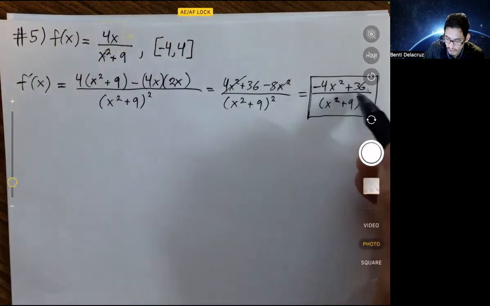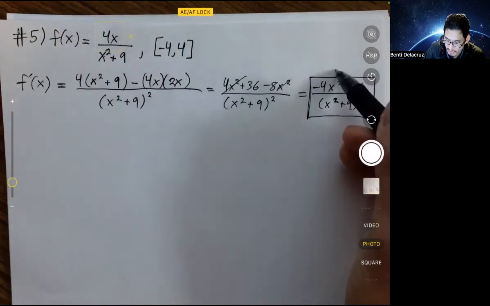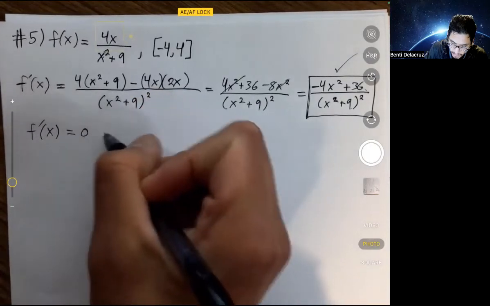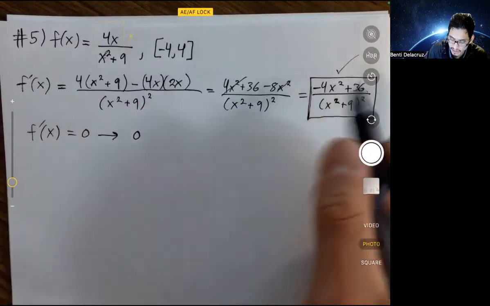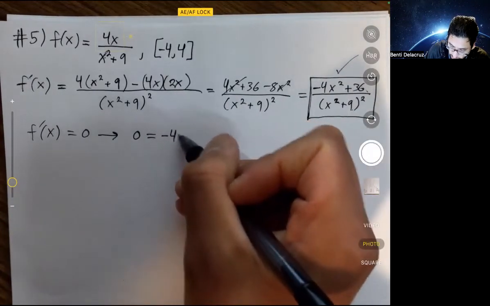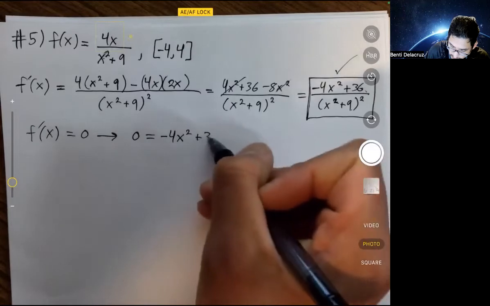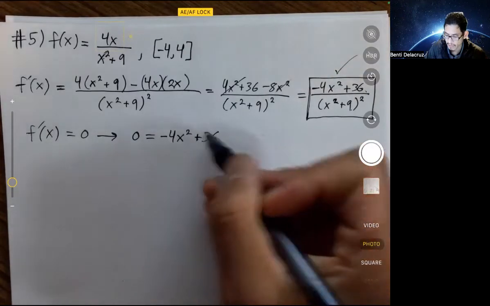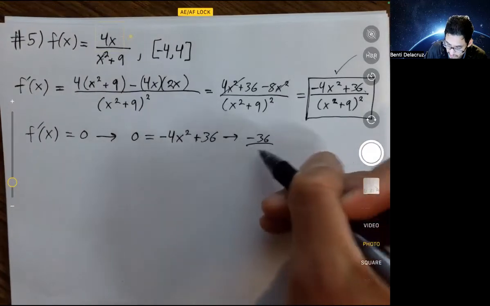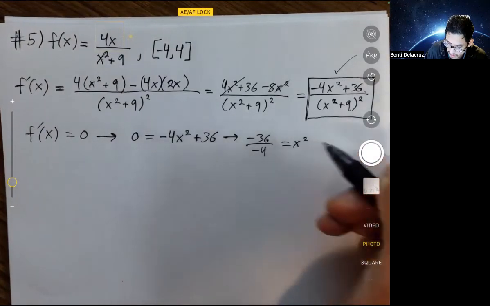So let's find where this is undefined and where it's going to be 0. So f prime of x will be 0. Essentially, we just set the numerator equal to 0. So we solve for the zero of -4x squared plus 36. Take away 36 and divide by -4. So you get -36 over -4 equals x squared.